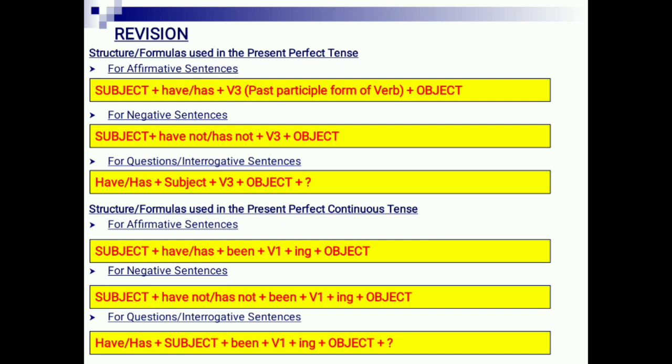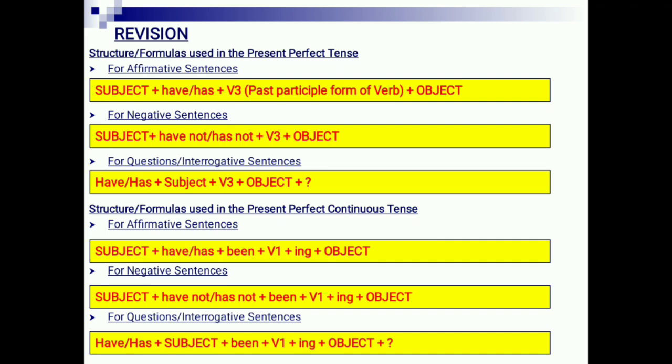Before moving ahead, I want to give a short recap on present tense and its two subtypes so that you can compare today's session with these formulas. The two subtypes are present perfect tense and present perfect continuous tense.